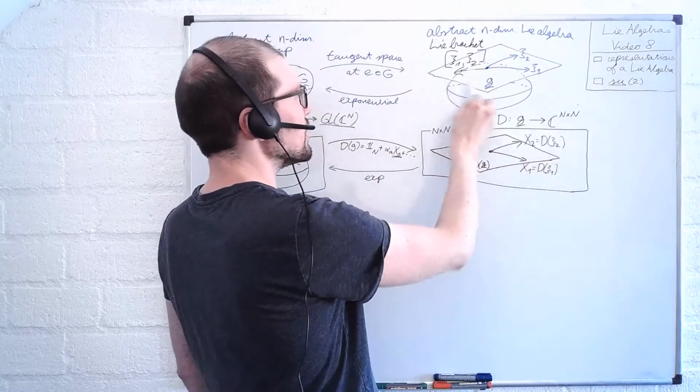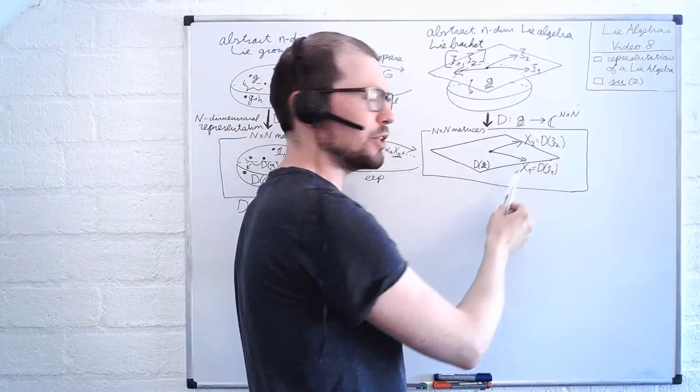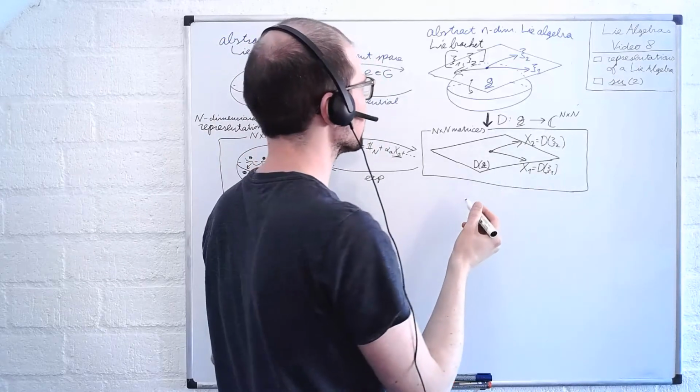That should implement the structure of the Lie bracket now via not matrix multiplication, but the commutator.